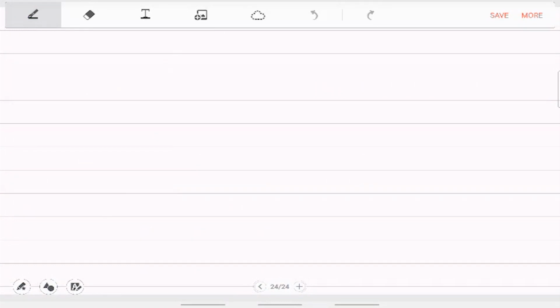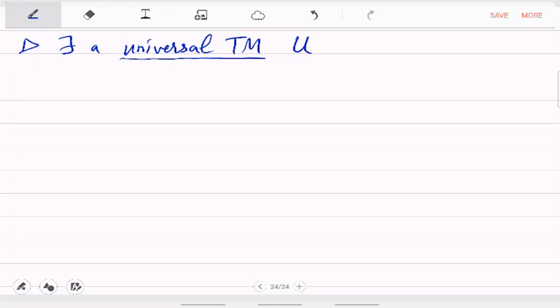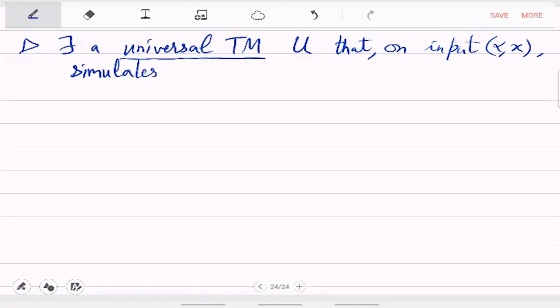Now you can see that there exists a universal Turing machine U that on input alpha comma x simulates M alpha on x.